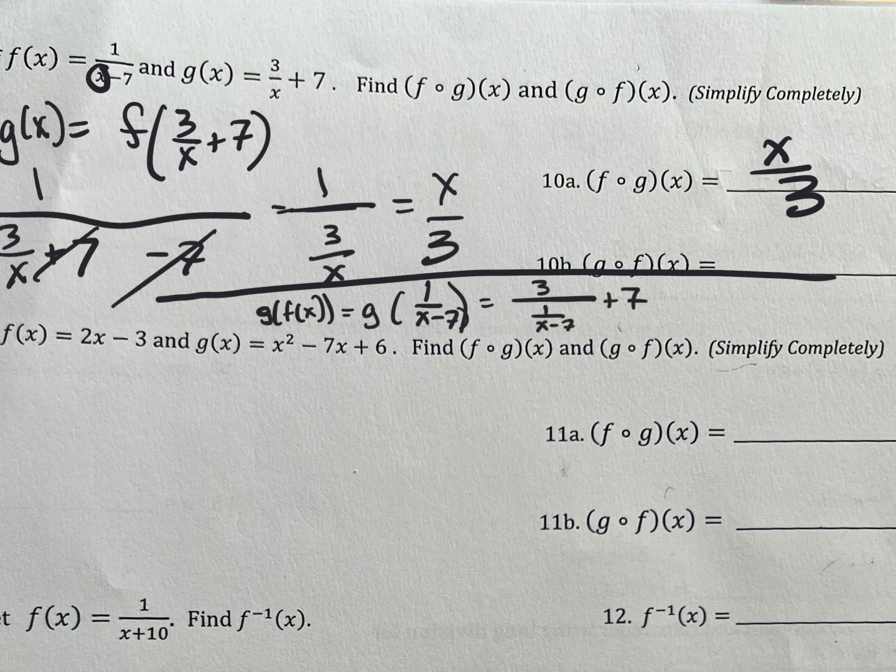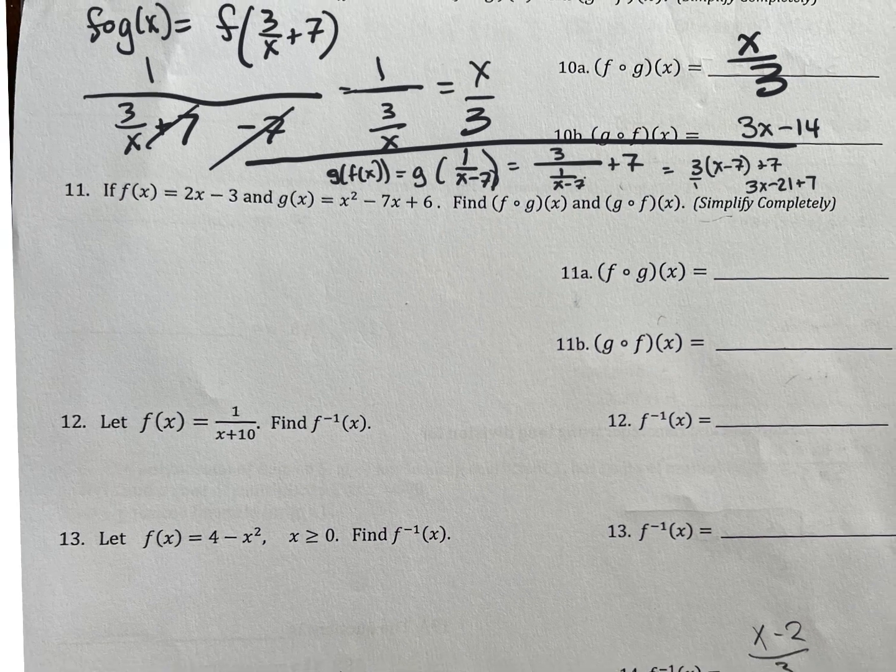Less convenient, which is equal to, I'm going to invert and multiply. So this is going to be 3 times x minus 7, because 3 over 1 divided by that, you just flip it up, right? Multiply. So this would be plus 7. So this is 3x minus 21 plus 7. So this is 3x minus 14.